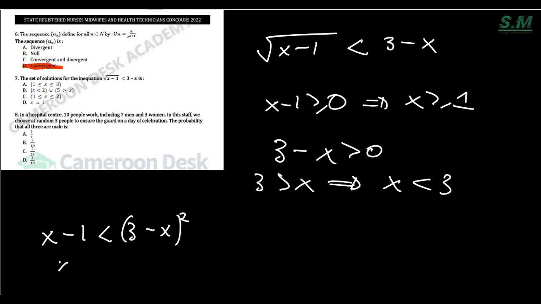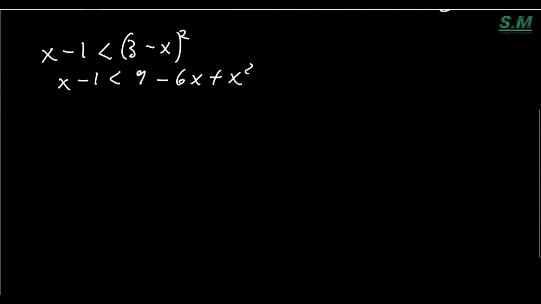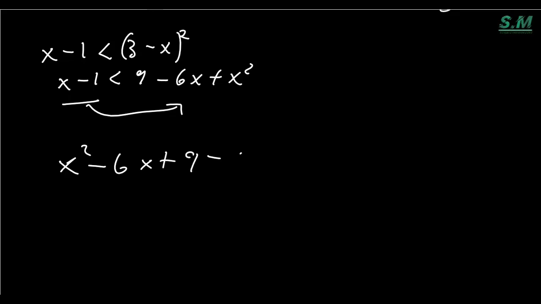And this means I get x minus 1 less than, let's expand that, 9 minus 6x plus x squared. Rearranging, that is bringing everything onto one side, we get x squared minus 6x plus 9 minus x plus 1 strictly positive.